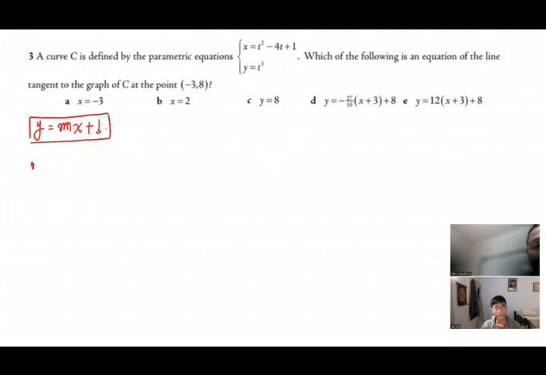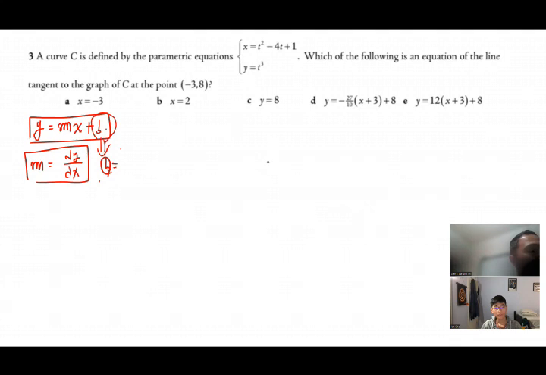Here, m is the slope of this tangent line, so m is the same as dy over dx, and b is the point where the line crosses the y-axis. If you know one point on the curve, you should be able to find the value of b.